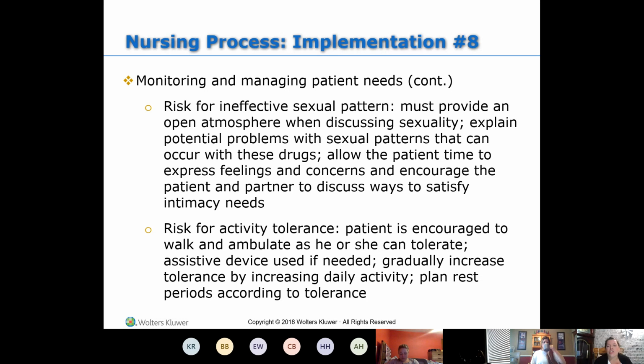So you have to make yourself approachable, to the point where your patients can say, these are potential problems that can happen. If at any time you're having concerns about this, let's discuss it, or let's refer you to this person, or let's talk to the doctor about some other options. You're that go-between. As a nurse, that's always been my thing: you're that go-between person that points them in the right direction.